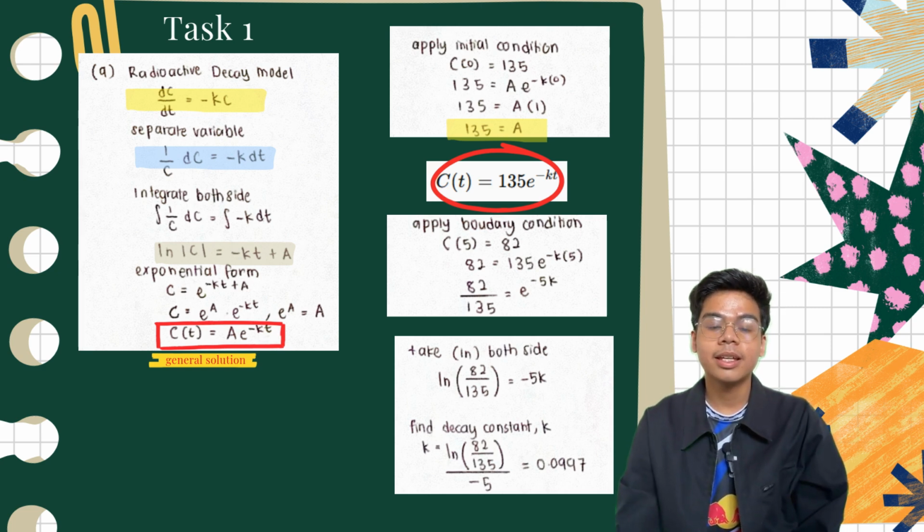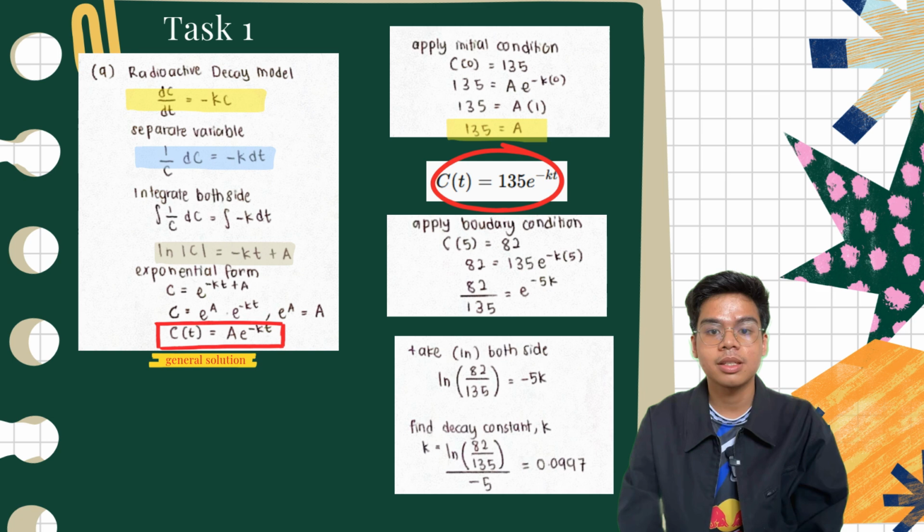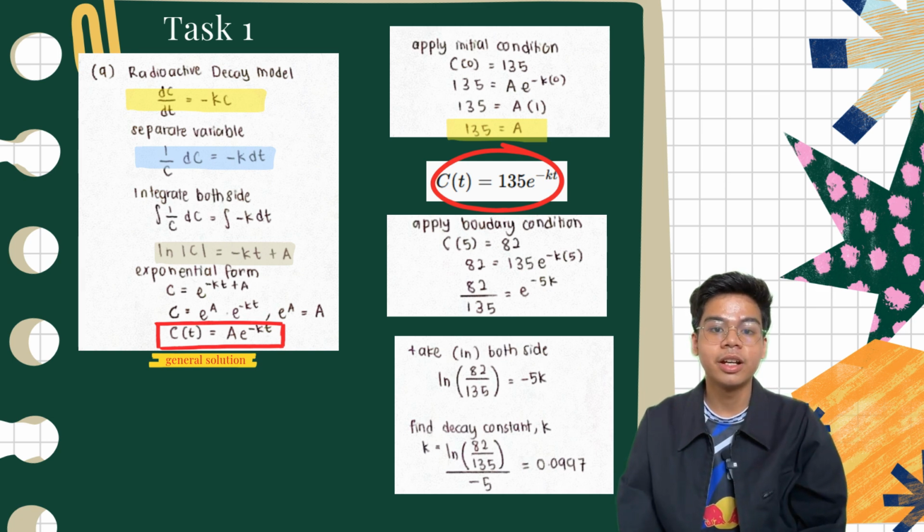Next, we use the second data point where the concentration is 82 mg per liter after 5 hours. Taking the natural logarithm and solving for k, we obtain k = 0.0997.